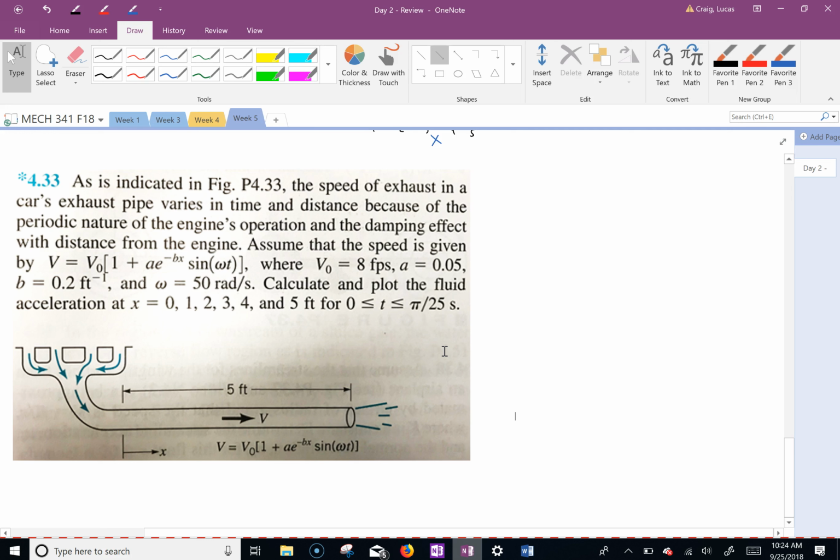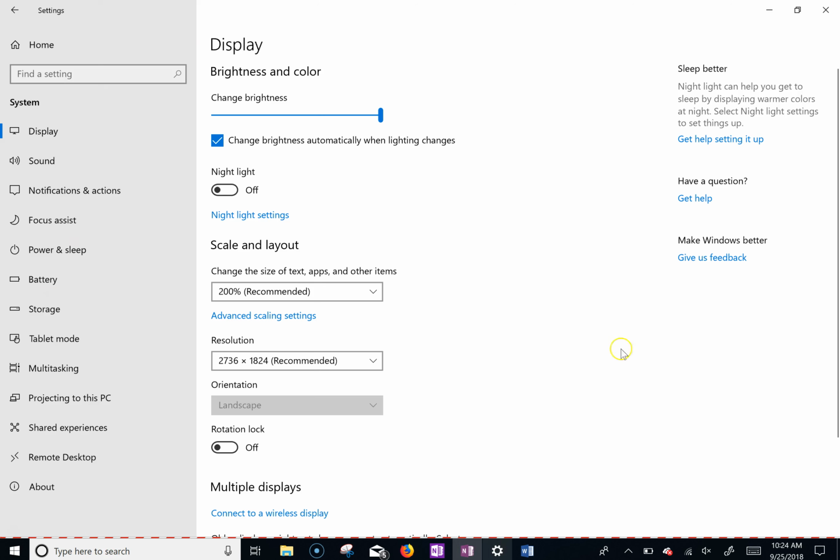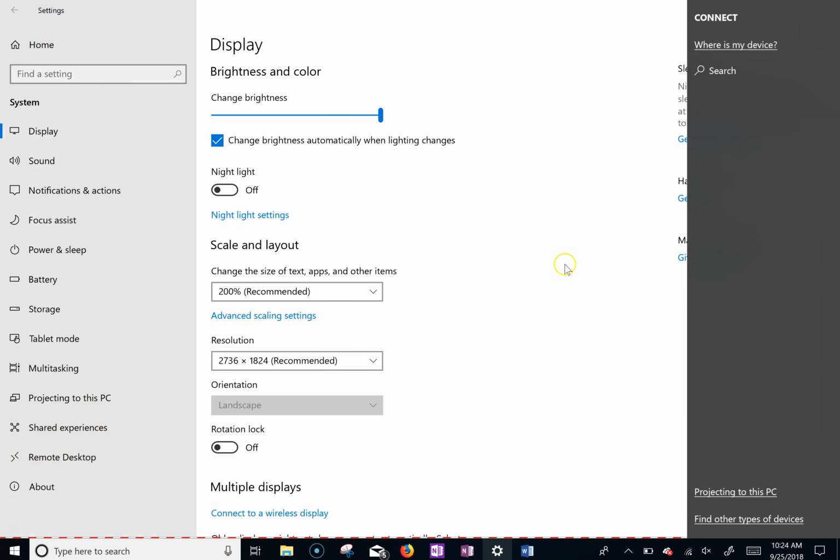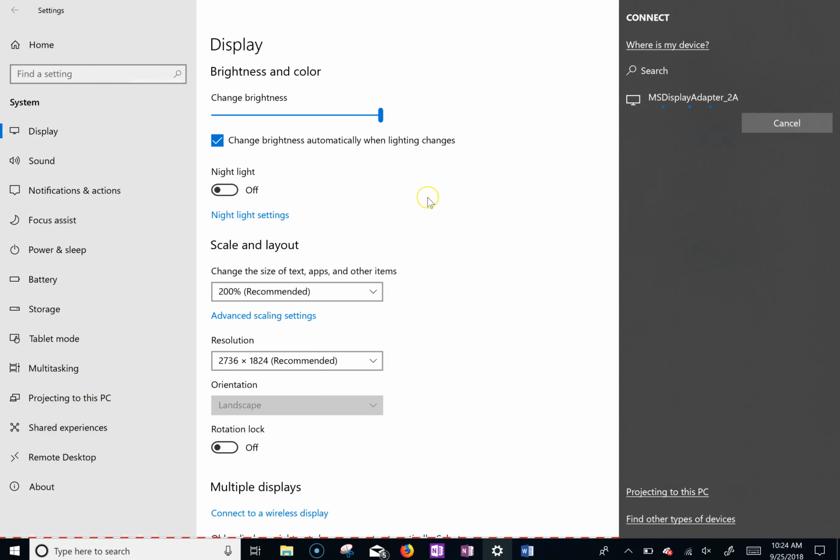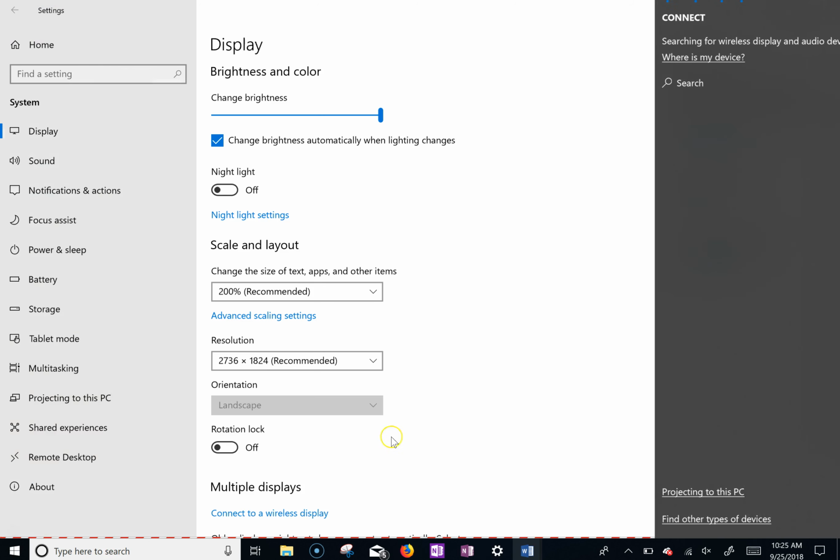Okay, so here is another fluid kinematics question. Five-minute break. No, it doesn't want to work.